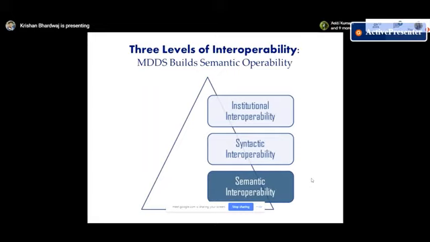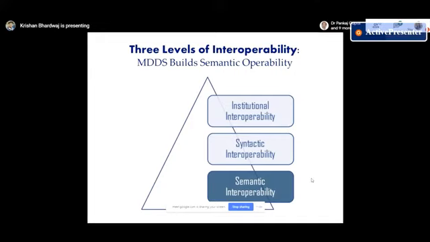So to solve this problem, MDDS standard was evolved. So MDDS was not a new thing. Before Health Ministry, what you call NEGP, they asked all the 16 ministries to develop the metadata for their respective domains and publish it.